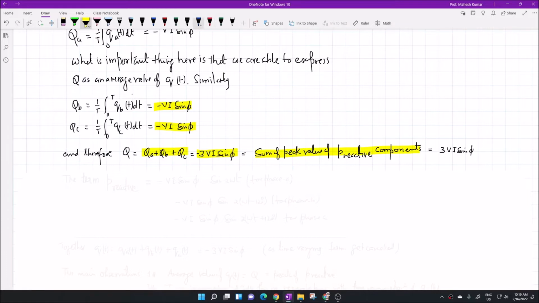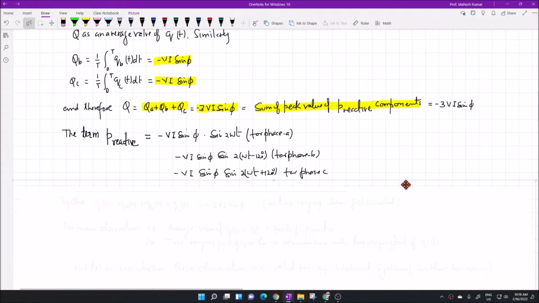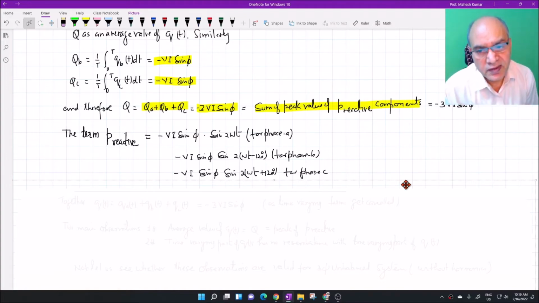The peak value is minus. If you want, you can add minus, that is not a problem. But if you observe the P reactive term, the definition is this one: minus BI sin phi sin 2 omega t. You remember last time we defined P reactive as minus BI sin phi into sin omega t.